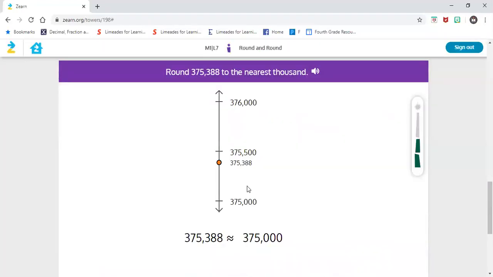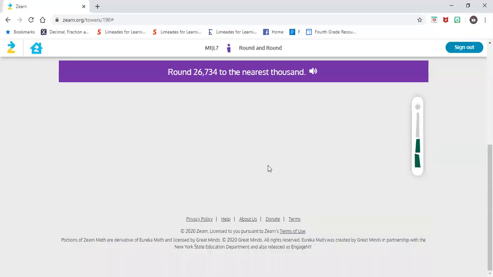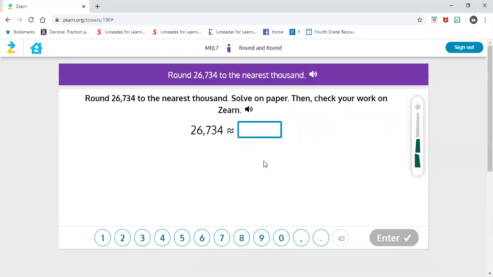So let's try another one. Okay, so this time they took away our vertical line and they want us to solve it on paper, and then we're going to enter the answer into Zearn.